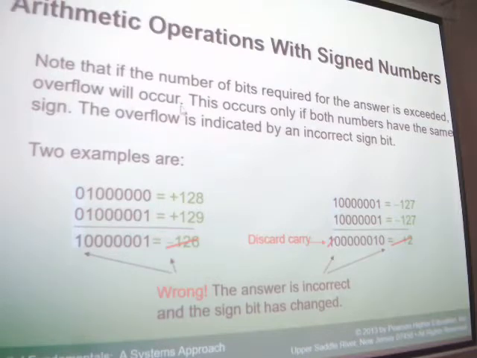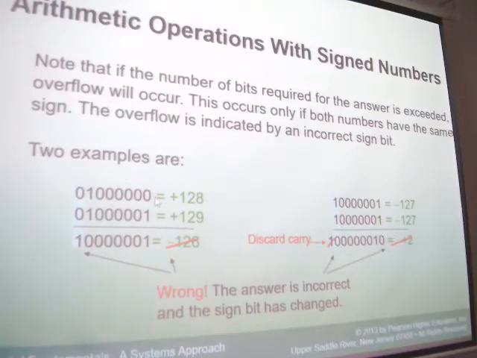And this occurs only if both numbers have the same sign. The overflow is indicated by an incorrect sign bit.